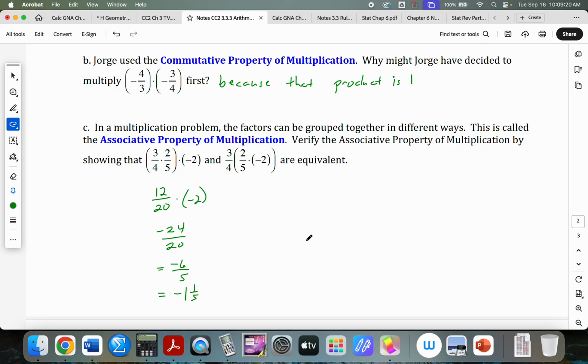Let's show that that's equivalent to this one. When I multiply 2/5 times negative 2, what do I get? If I multiplied 2/5 times negative 2, what is that?